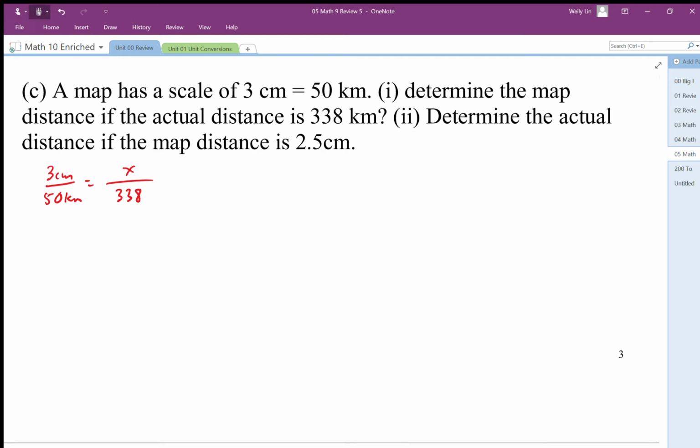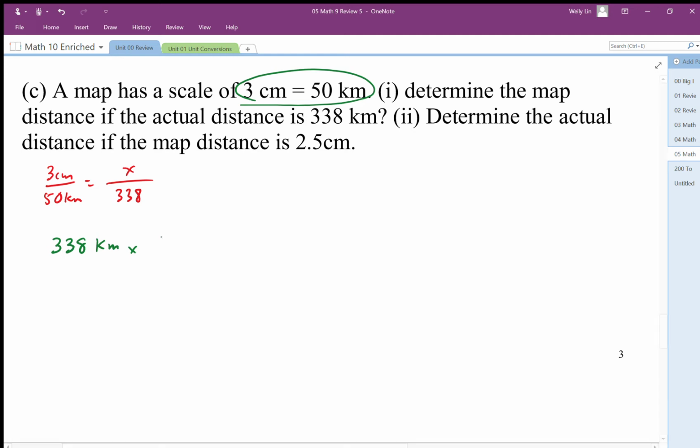However, we've started using this times and divide strategy. So if I want to find out the centimeter distance, I can start off with 338 kilometers, and then I can use my proportion to solve this problem as a multiplier, using this as its multiplier. Essentially, in an abstract way, we're using the unit rate.